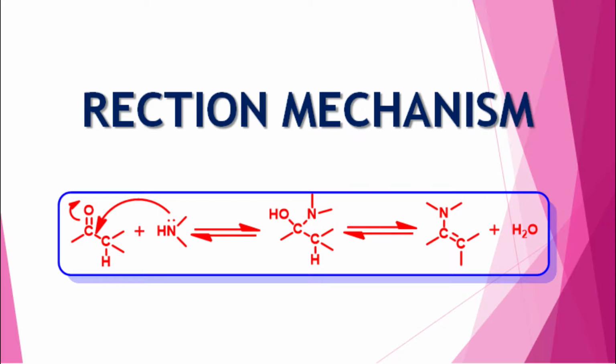If you take a close look at the reaction scheme, for the dehydration step you will observe that acidic conditions favor the process, because if there is enough H+ in the reaction medium, it will convert the OH group into a better leaving group, water, and that will help eliminate it and form the enamine.